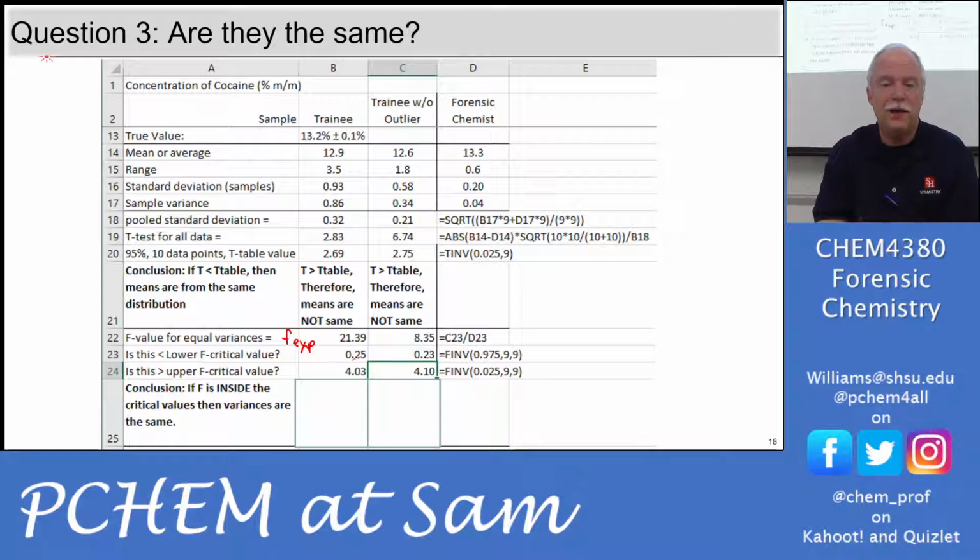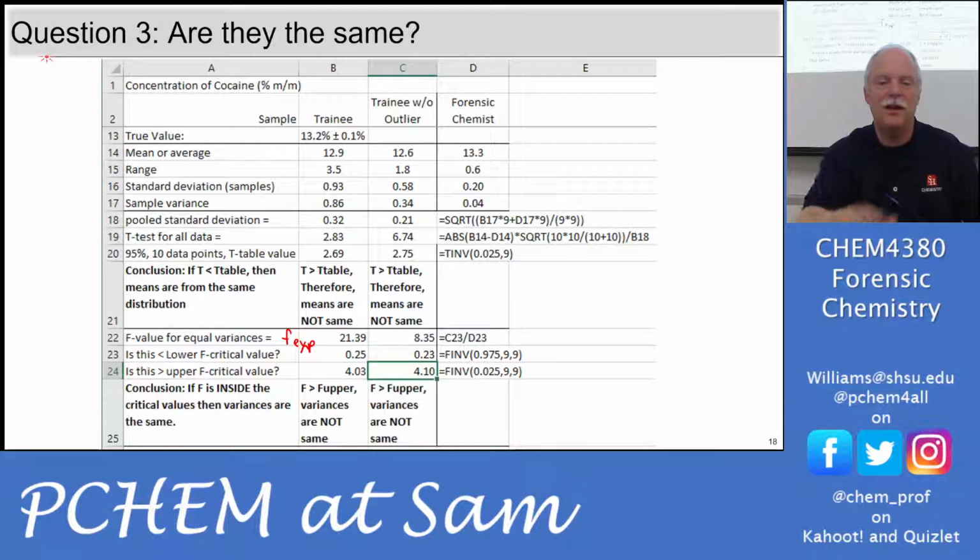Our lower critical values are 0.25 and 0.23 for those. Our upper critical values are 4.03 or 4.10. And we're at 21 with the outlier, and 8.3 without the outlier. So we're way beyond that critical value.